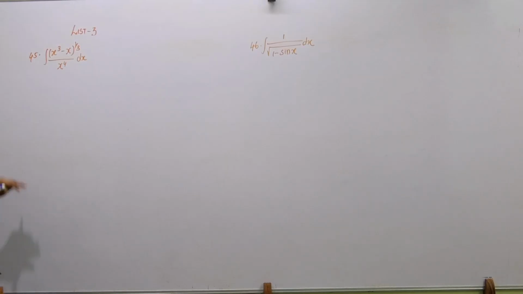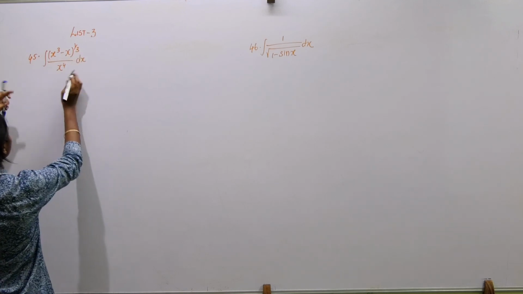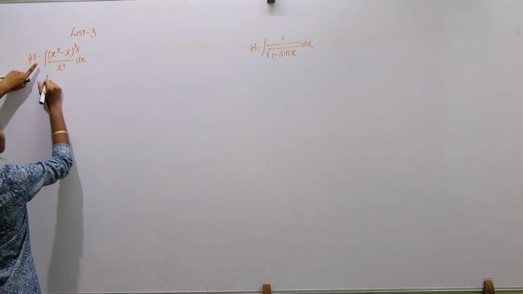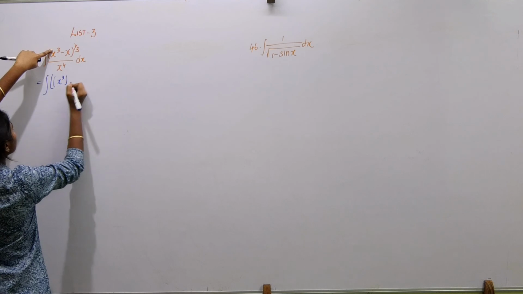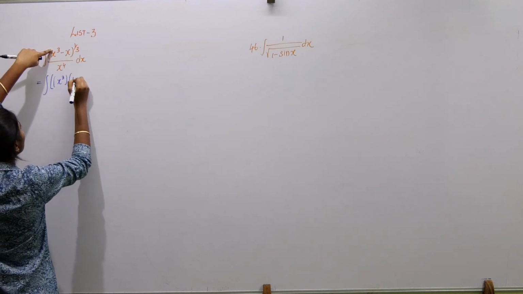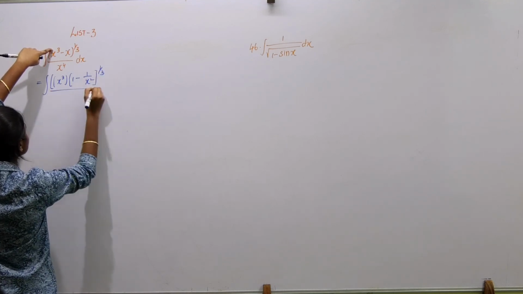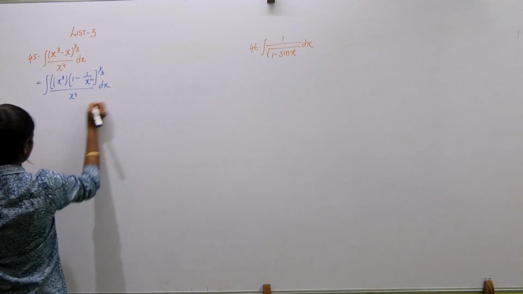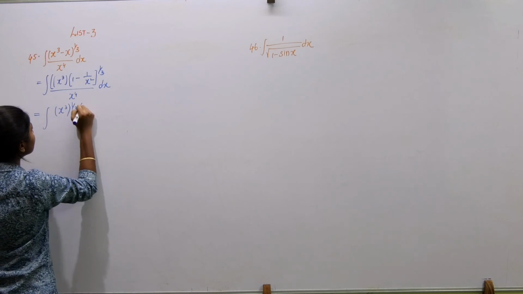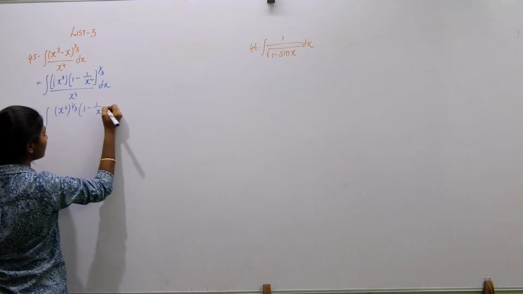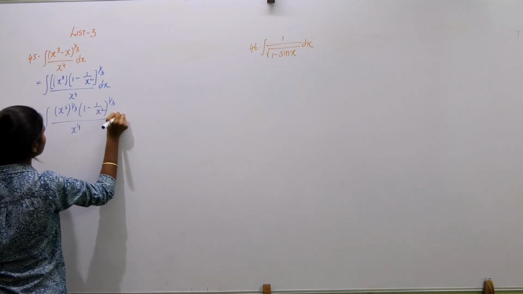Next question, 45th one. Integral x cube minus x whole power 1 by 3 by x power 4 dx. First, from this, if we take x cube common, we have 1 minus 1 by x square whole power 1 by 3 by x power 4 dx, which is equal to integral x cube whole power 1 by 3 into 1 minus 1 by x square whole power 1 by 3 by x power 4 dx.